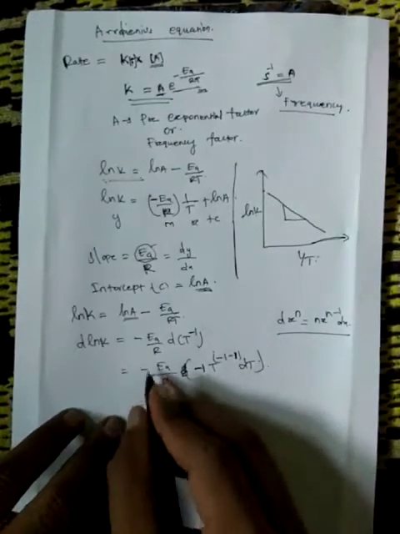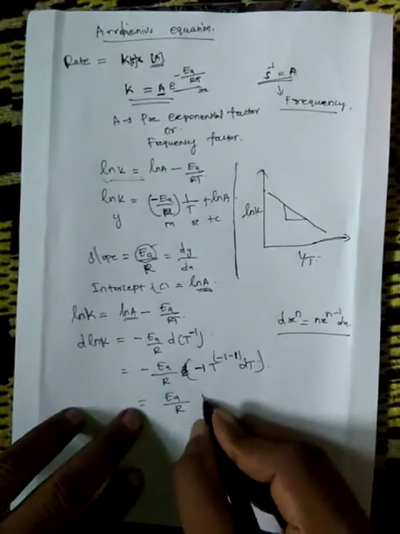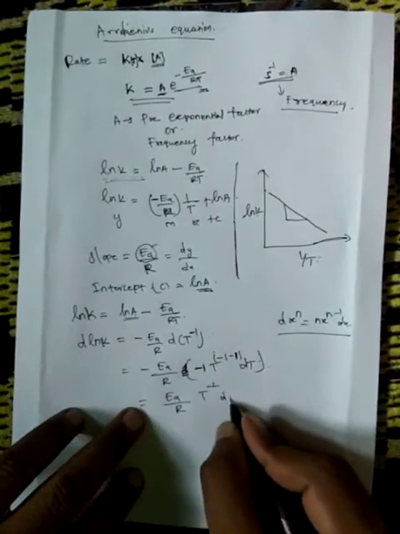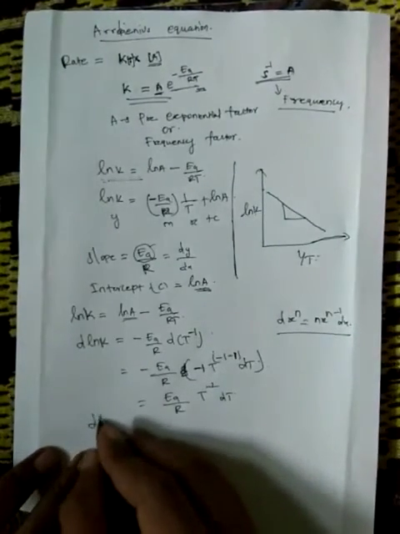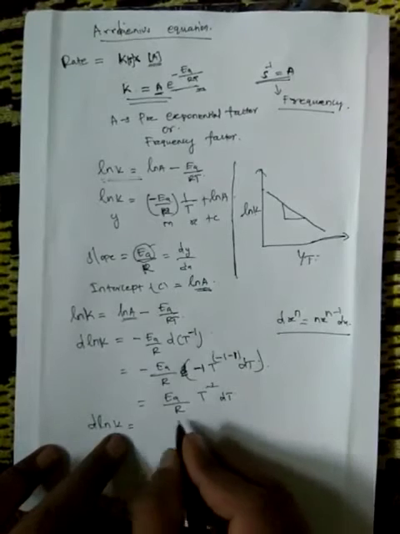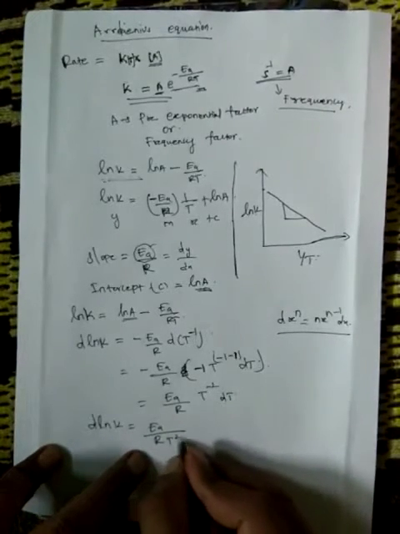Minus into minus will become plus, so EA by R, T power minus 2 dT. Therefore d logarithm K equals EA by R T square dT.